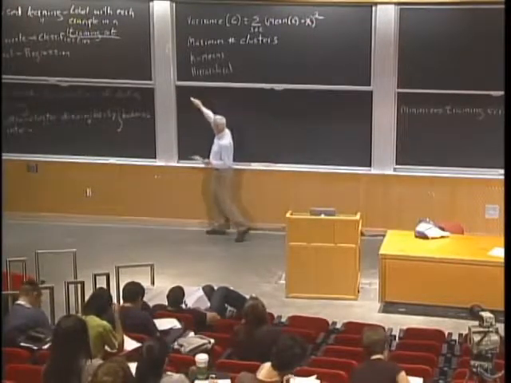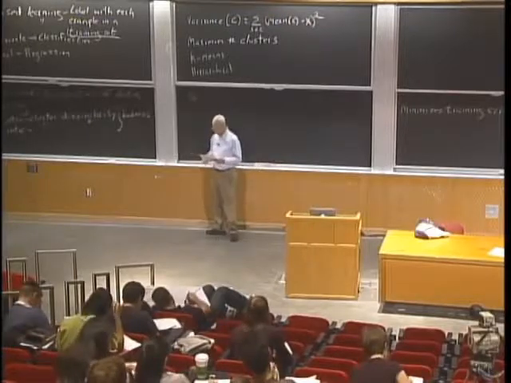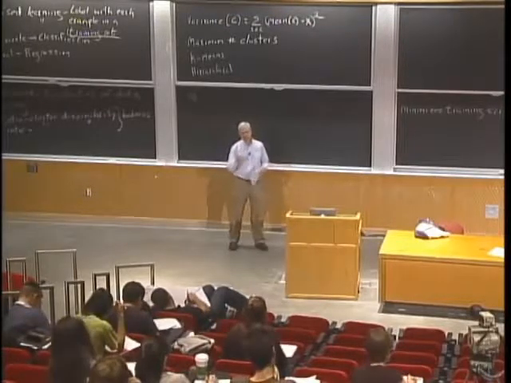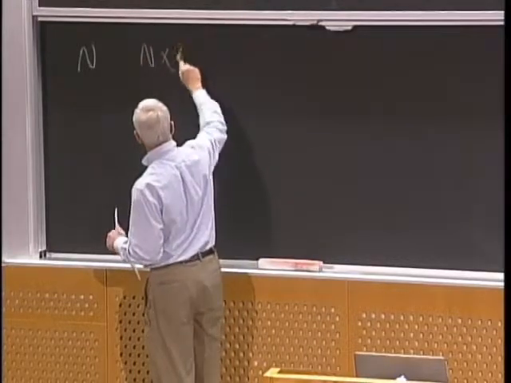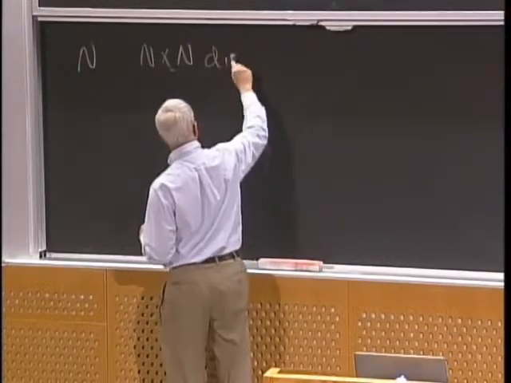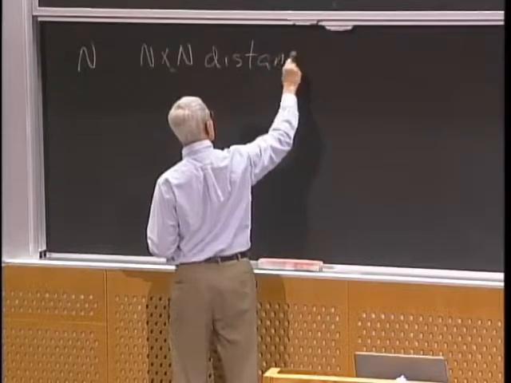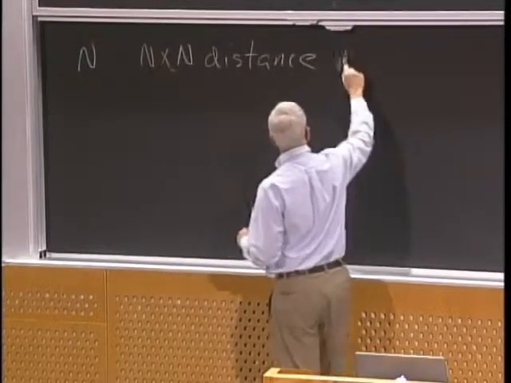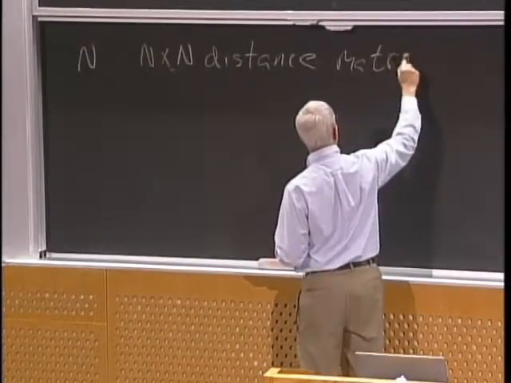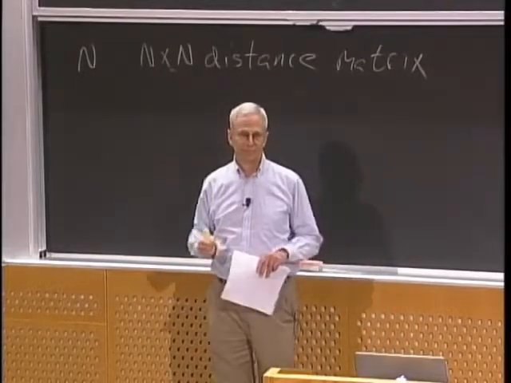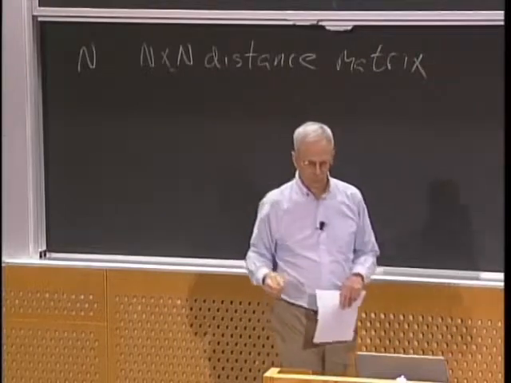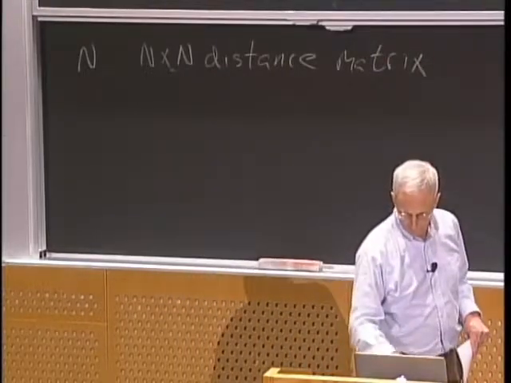So we have a set of n items to be clustered. And let's assume we have an n by n distance matrix that tells me for each pair of items how far they are from each other. So we can look at an example.